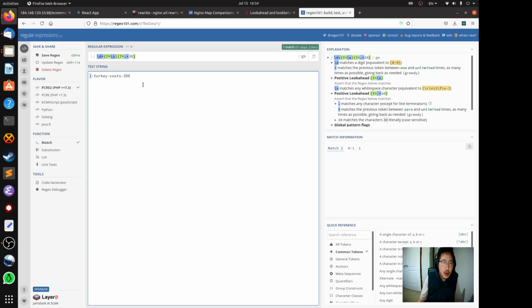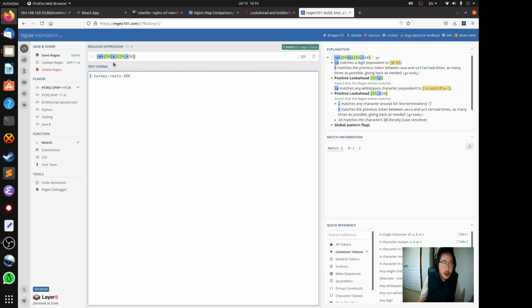I guess two candidates, and there are two look aheads this time. They all start from where the match is, so either here or here. So what's the first condition?